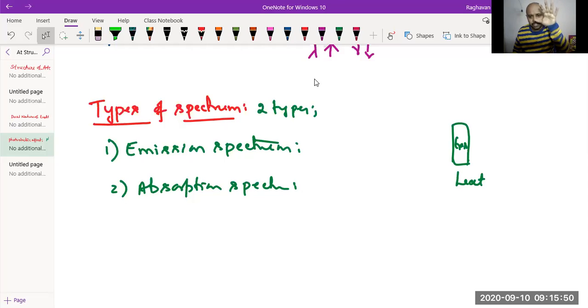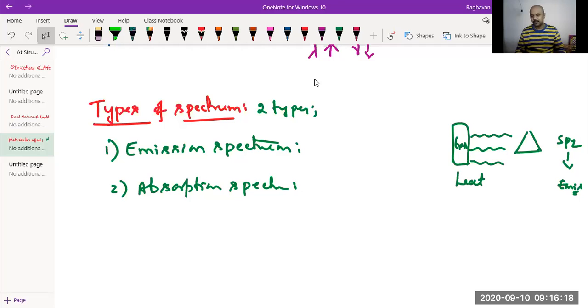The moment I stop heating, the gas starts emitting radiation. The absorbed energy will be emitted by the gas, because in order to come back to the normal state, it has to emit the absorbed energy. If that emitted energy is passed through a prism, then you get a spectrum. This is called emission spectrum.